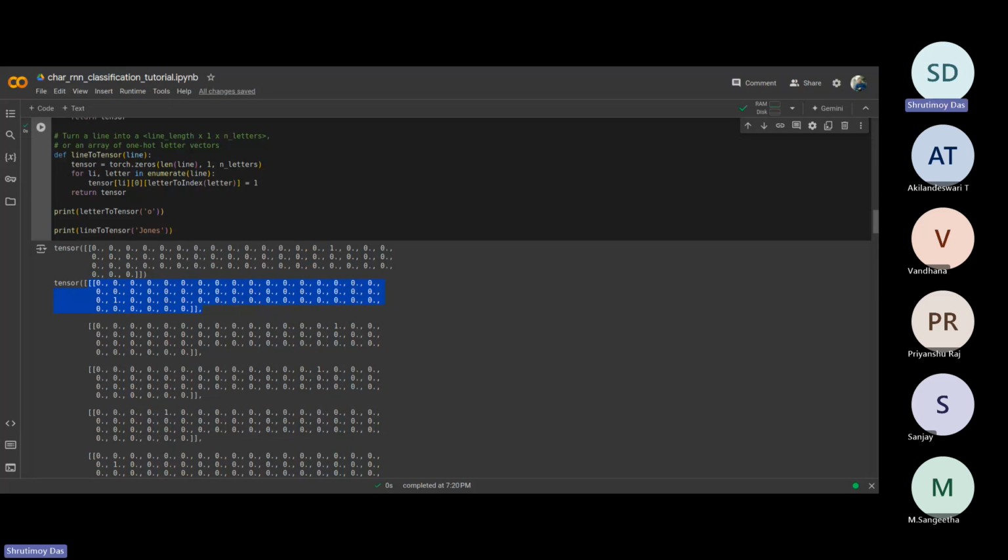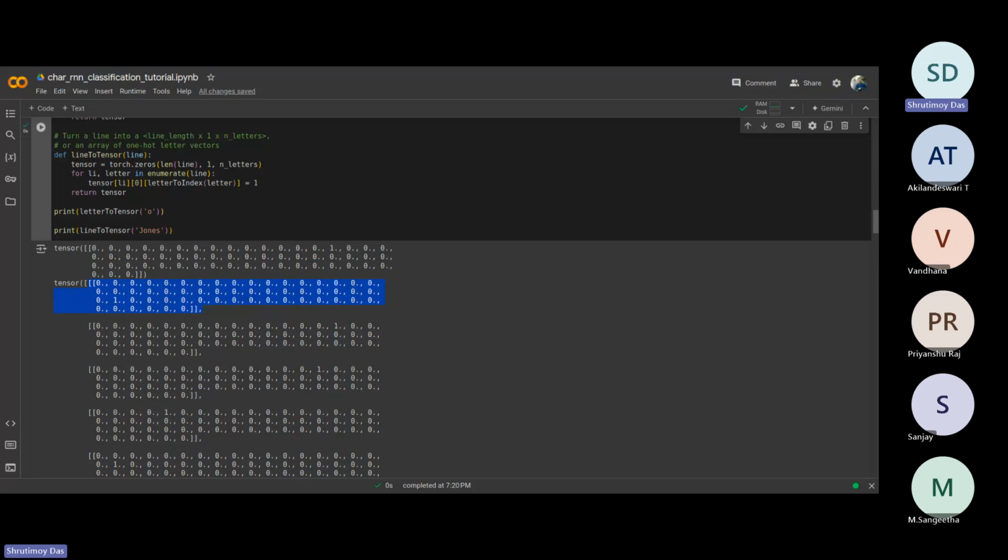If you have an image, for example a 100 cross 100 image, that is a matrix 100 cross 100. But now if you are doing mini batch SGD, suppose you take 10 images at a time. If you stack these images back to back, now you have 10 cross 100 cross 100. So that becomes a tensor.